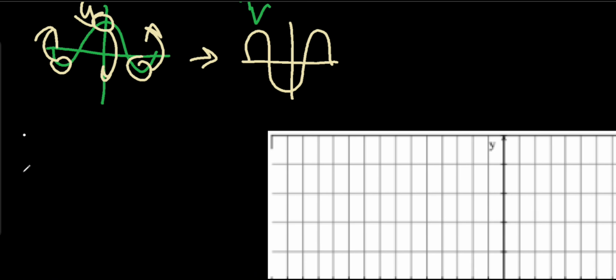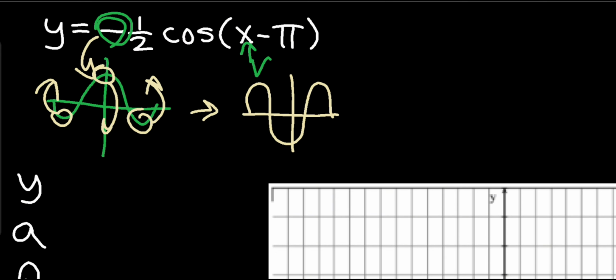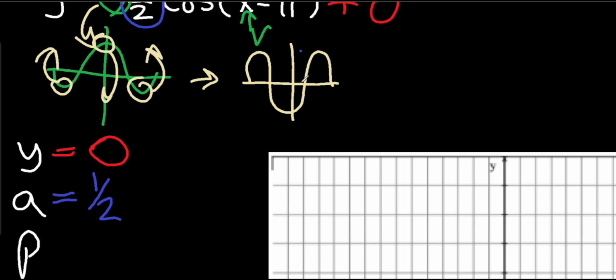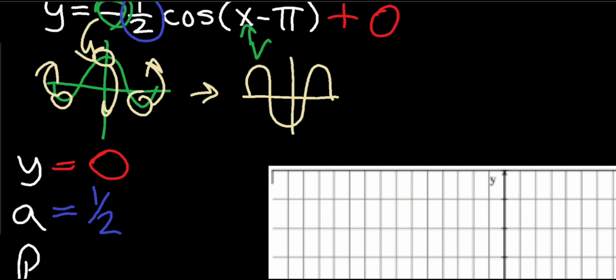Okay, now let's bring back a YAPPI. So again, that's YAPPI. Okay, now for our midline, there isn't a visible t value in our function, so that means that it's just plus 0. So our midline is at 0. So it has an equation of y equals 0. Our amplitude is 1/2, so a equals 1/2. Okay, our phase shift, which we're going to use c for, is going to be right pi.